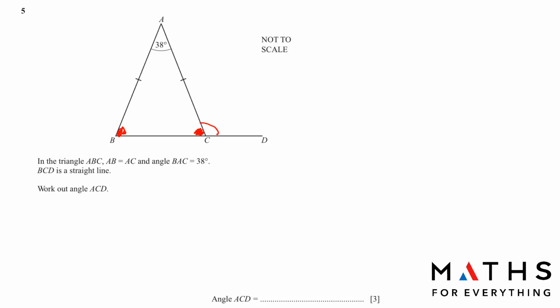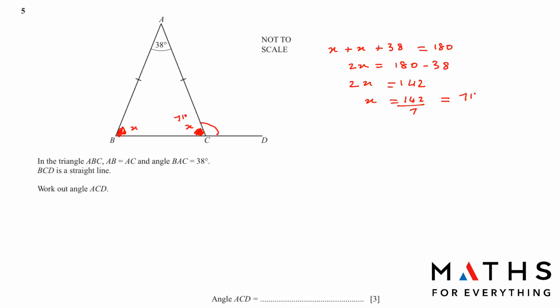So suppose you are naming this angle as X. So even this will be X. If you add all the 3 angles, they should give you 180. 2x plus 38 is equal to 180. The 38, when you move to the other side, will be negative. 142 divided by 2, and that will give us 71.